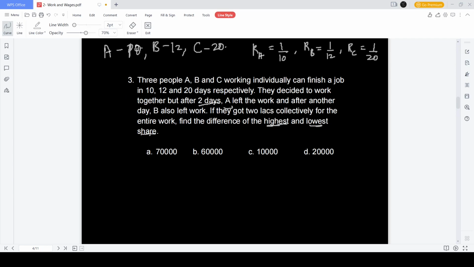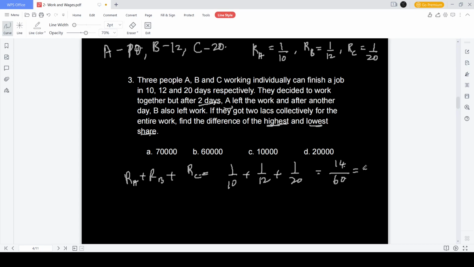If they work together, their rate becomes RA plus RB plus RC. So it becomes 1 by 10 plus 1 by 12 plus 1 by 20. This is nothing but, with 60 as common denominator, 6 plus 5 plus 3. 5 plus 6 is 11, 11 plus 3 is 14.